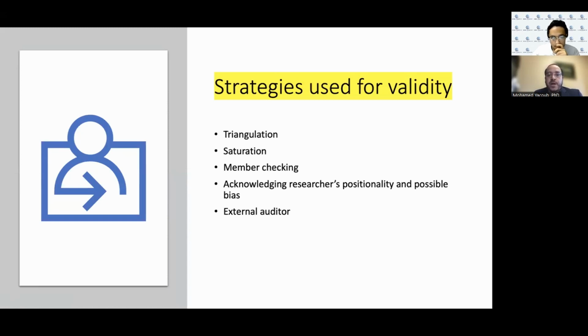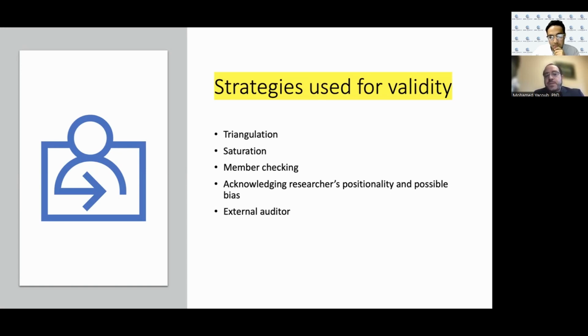I do have background in the field, so my understanding of the phenomenon that I'm studying can intervene in and impact the analysis. So you make your readers aware of this bias, of your own positionality, by admitting it and telling your audiences to what extent that impact could be.